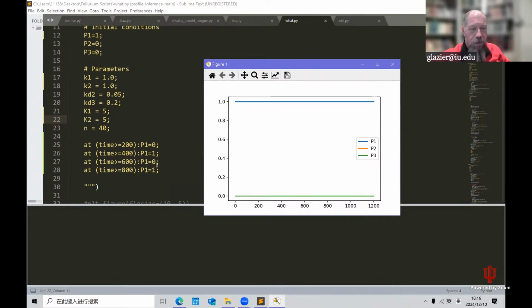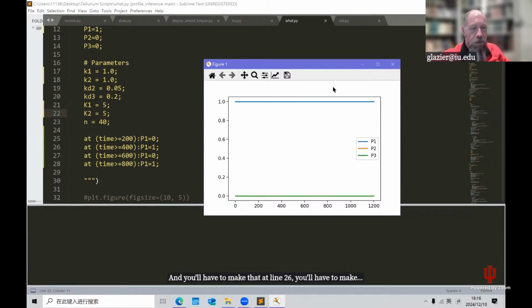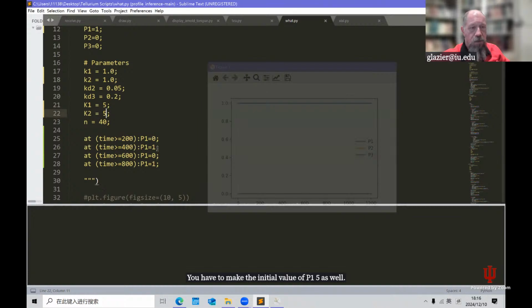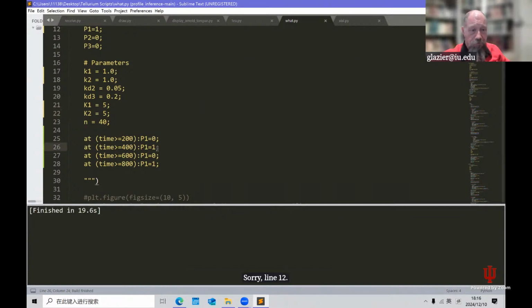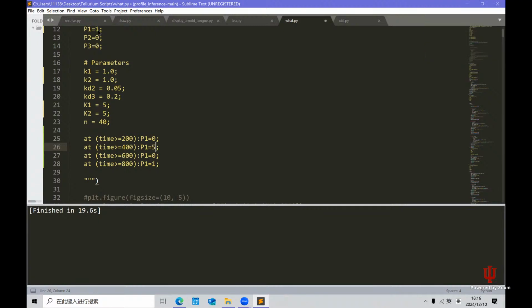And you'll have to make the additional value P1 5 as well, at line 26. Line 12. Also line 12. Oh, yes, right.